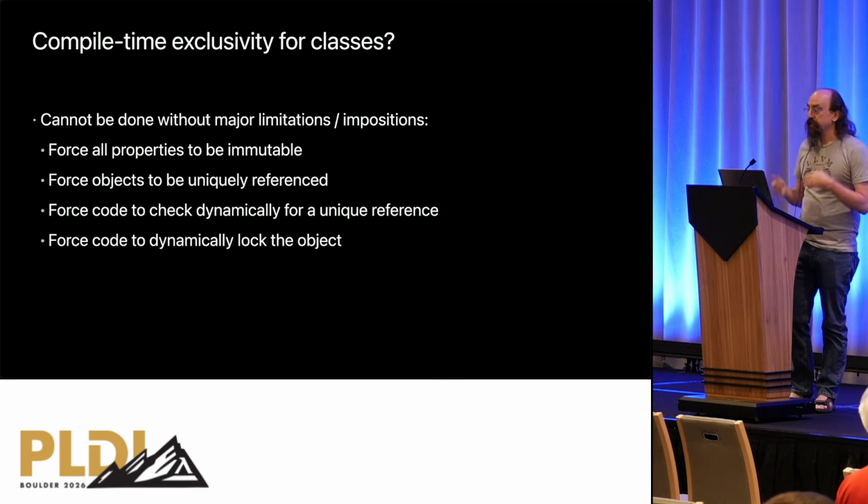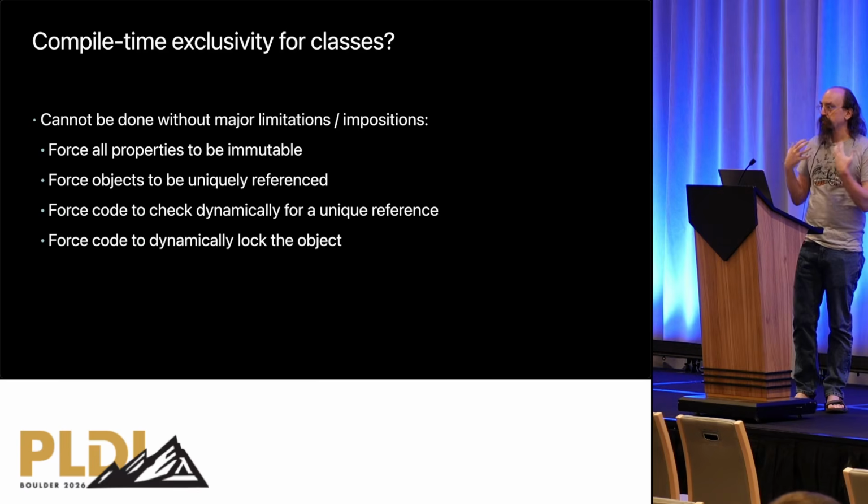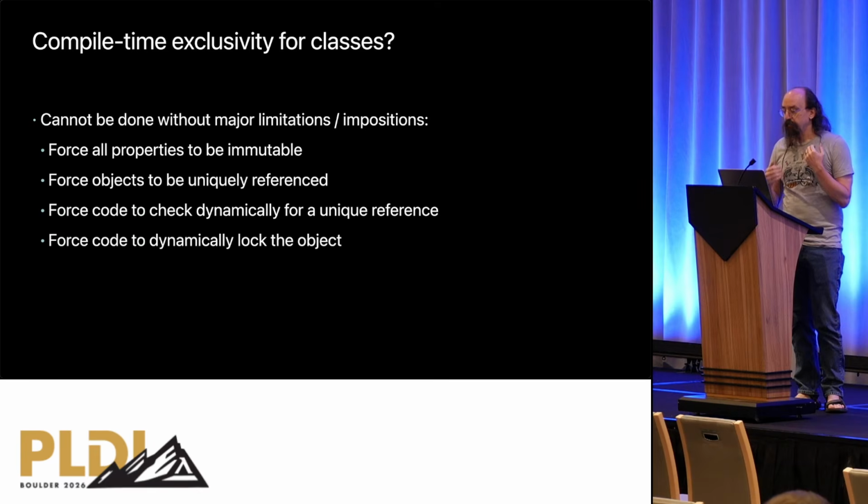There are a lot of ways that a language could extend a rule like exclusivity to class references. All the options on this slide have parallels in Rust, but they require dramatic changes to the basic programming model of class-based programming. People can't just write class-based code and simply read and write the properties anymore.